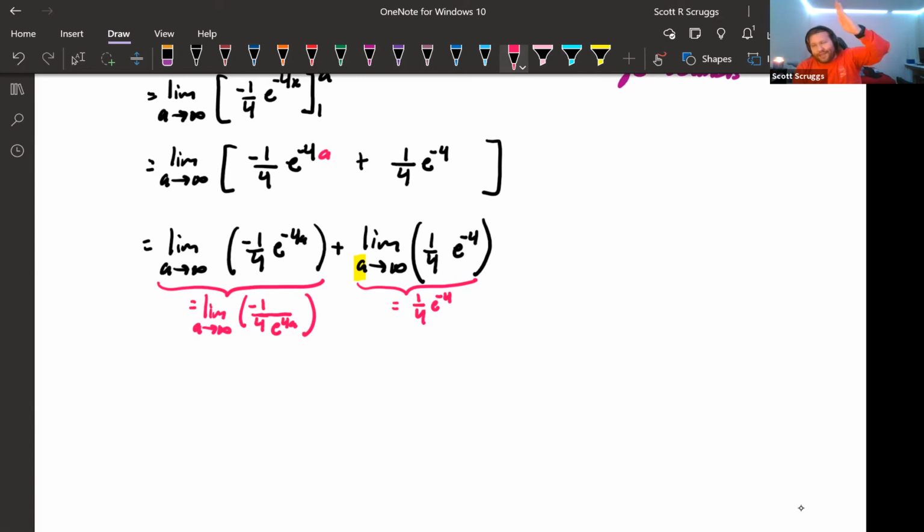And what that means is that my whole fraction will get super duper small because the denominator is getting super large and it's getting to 0. So that's what's going on and why that goes to 0.